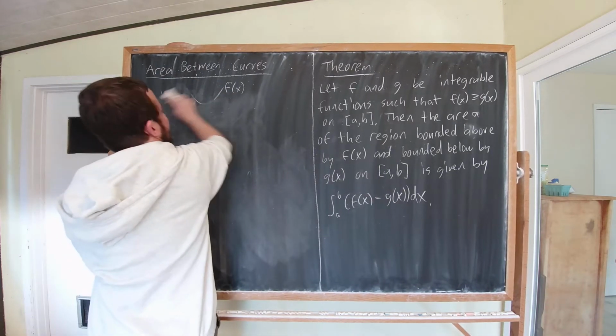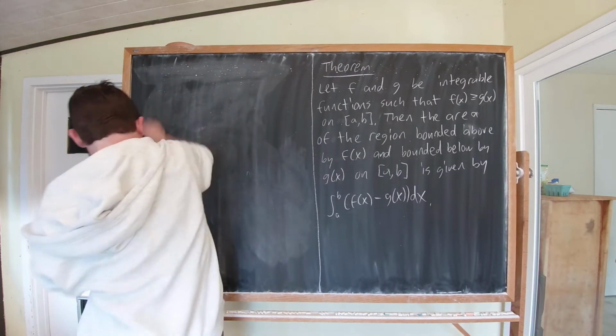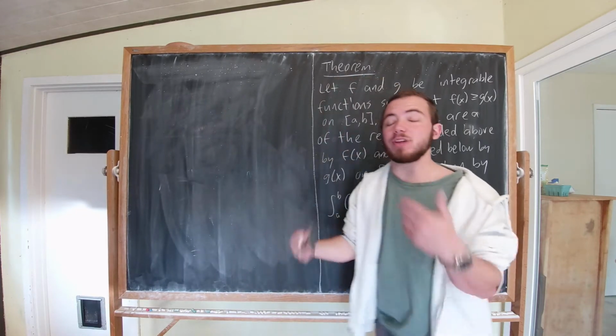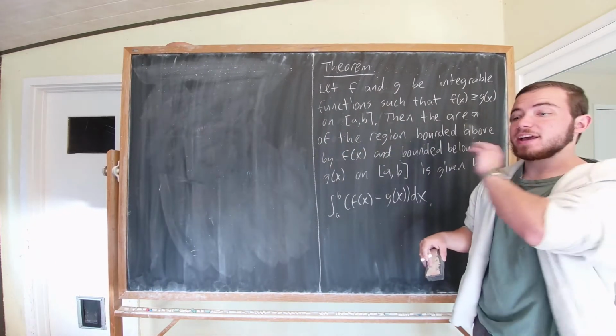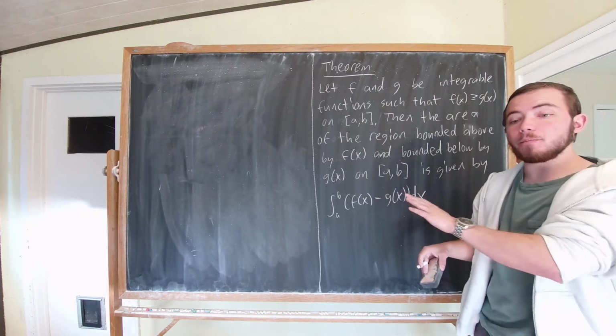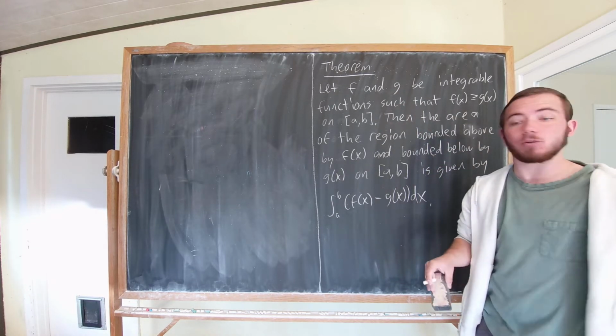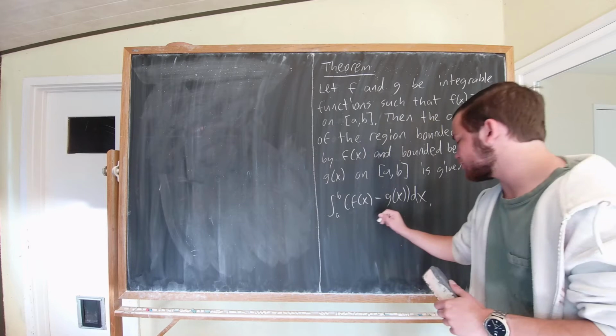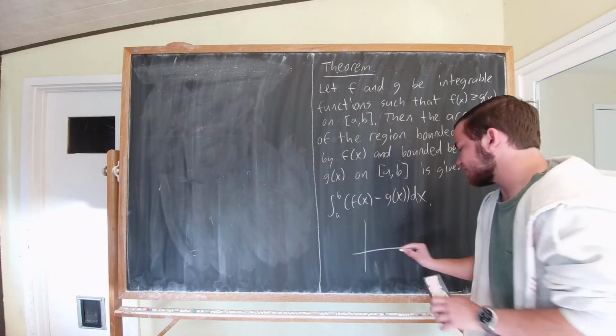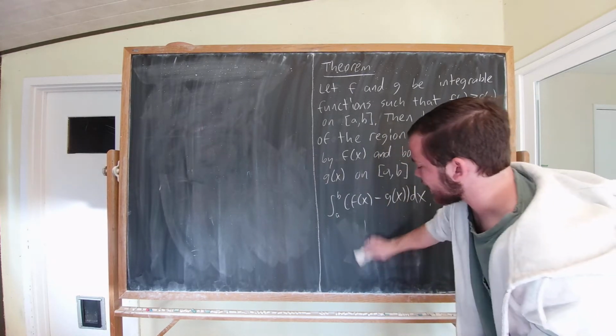Oh, and a quick cool side note about this theorem. I know in that first picture I drew, it had both f and g as positive functions. This actually holds no matter whether f and g are completely positive, completely negative, or some mixture of the two. In just the negative case, let's draw that a little higher.